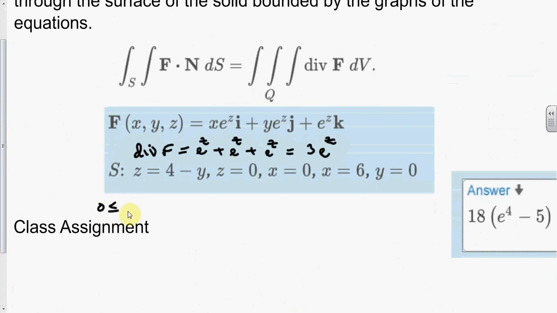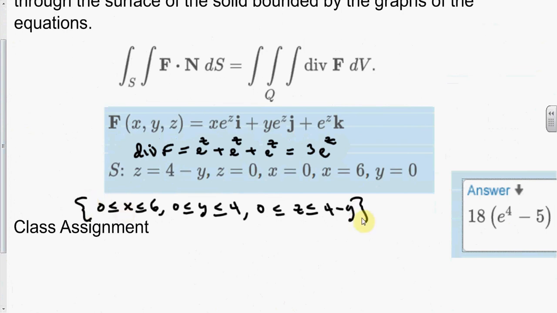X goes from 0 to 6. Y goes from 0 to 4, and z goes from 0 to 4 minus y. I think I was saying Q, but this is actually the region for S.